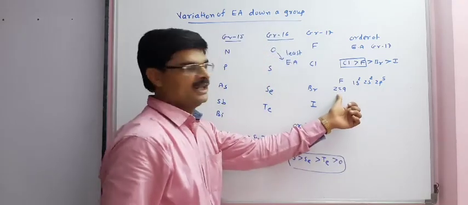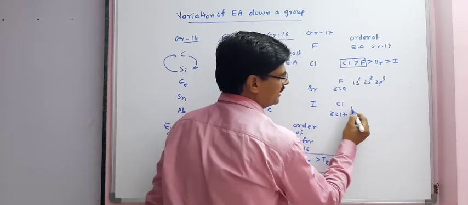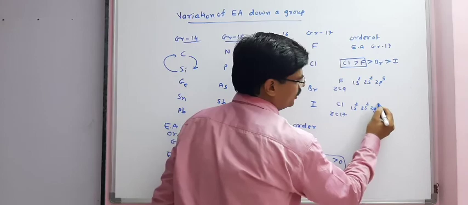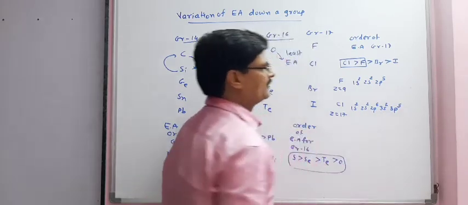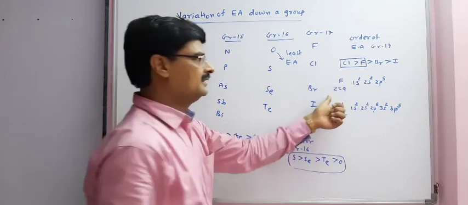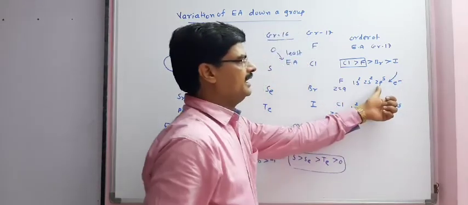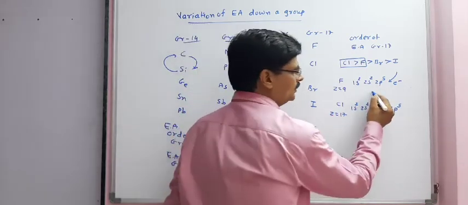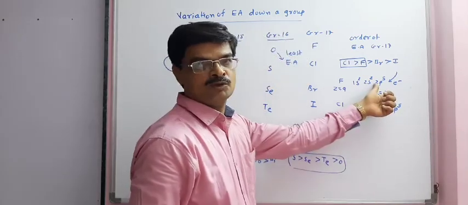For chlorine, Z equal to 17, electronic configuration 1s2, 2s2, 2p6, 3s2 and 3p5. Here we can say that electron when added, it is entered to principal quantum number n equal to 2.